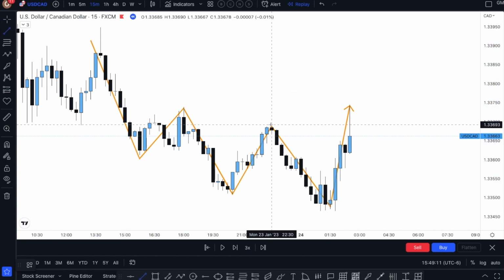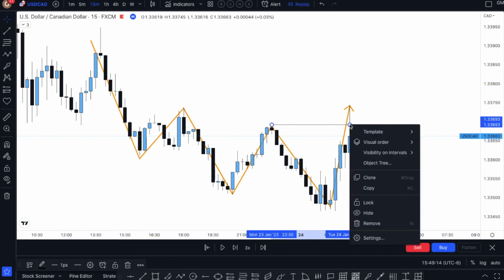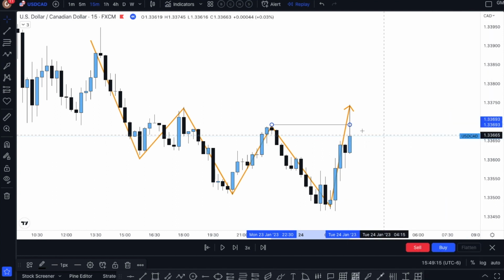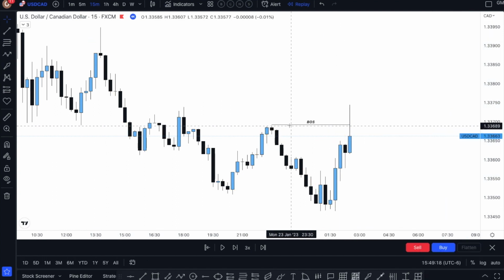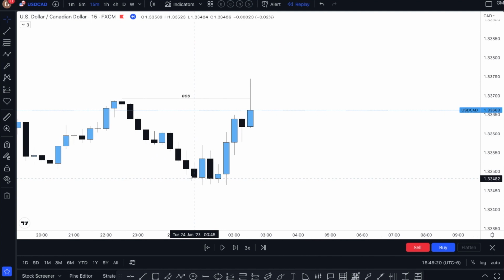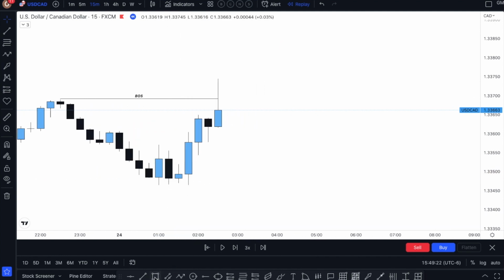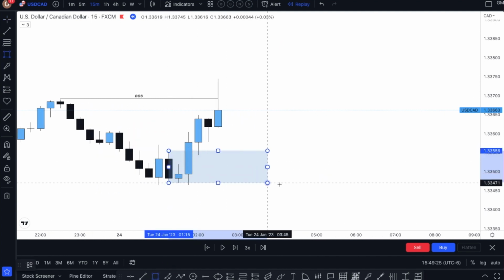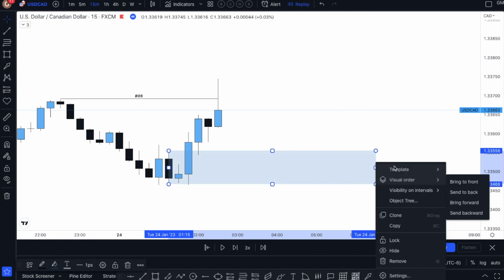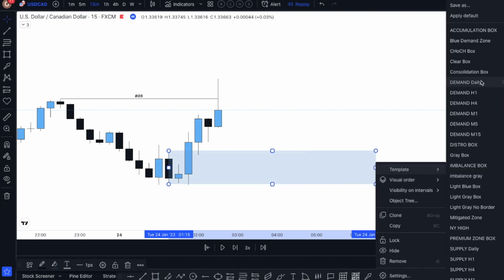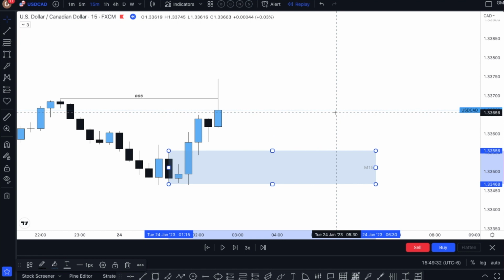Okay. And so one of the things that we can see is we have a demand level right here. Last down candle before the up move. 15-minute demand.